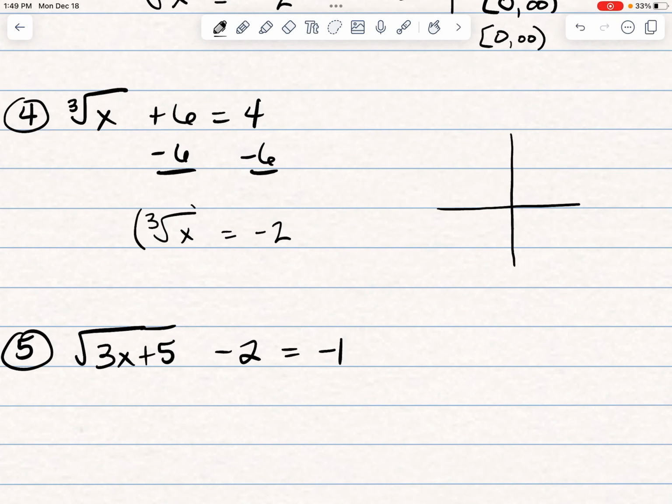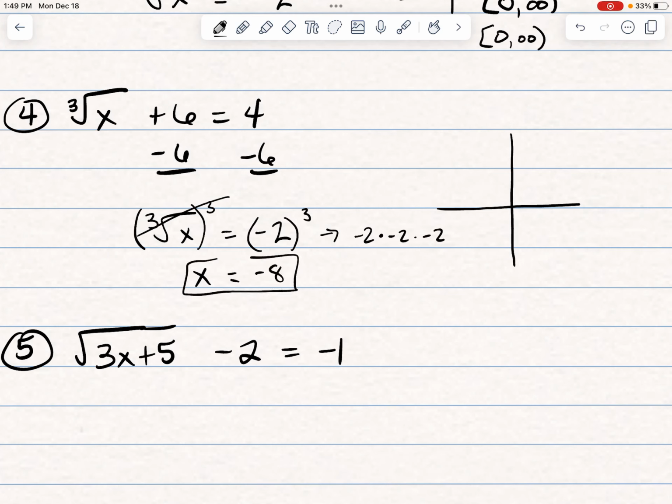So let's stick with our rule here, and let's raise this to the third power and raise this to the third power. Well, that's going to get our radical to cancel, and we're left with x is equal to negative 2 times negative 2 times negative 2, which is negative 8.